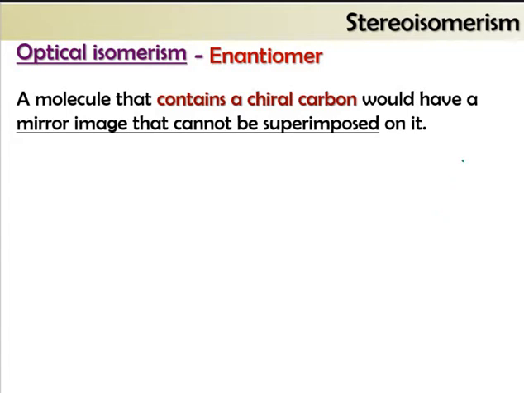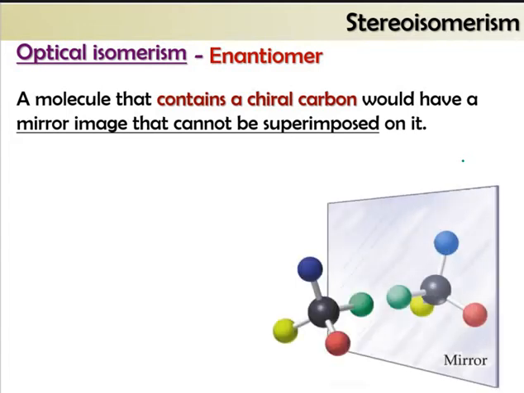Maksudnya dia adalah mirror. Okay, kalau kita tengok structure ni, kalau dia ada satu mirror di hadapan substance tersebut, kita boleh nampak dia macam mirror lah depan dia. Okay, so dia adalah mirror image but cannot be superimposed.